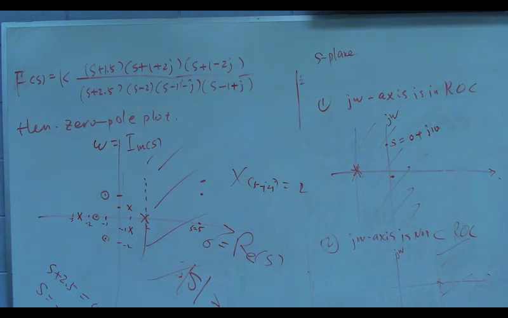So if you are given the Laplace transform, you need to know how to plot this zero and pole plot. Or inversely, if I give you the plot, you need to be able to give me the Laplace transform, except there's a constant before it that no one knows. You don't care about that constant. You only need to give me the zeros and the poles, so you can write out the Laplace transform.